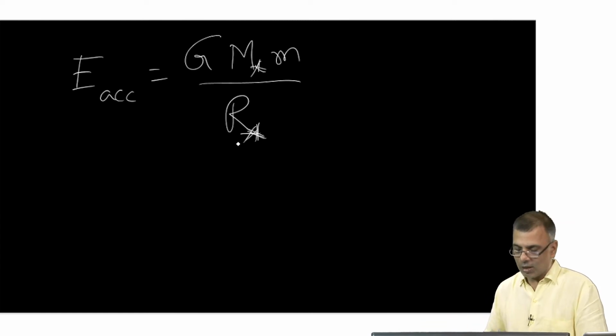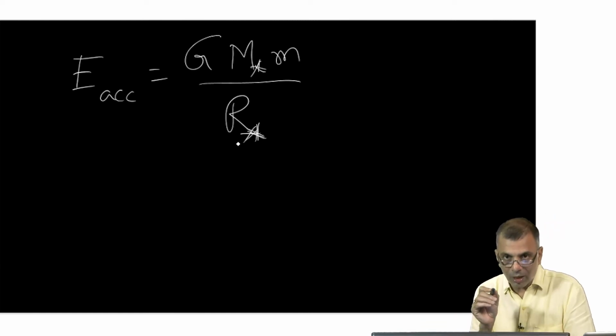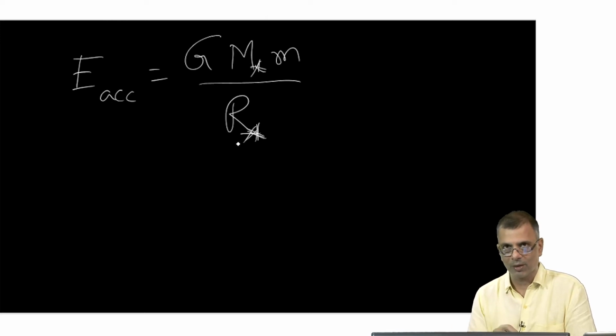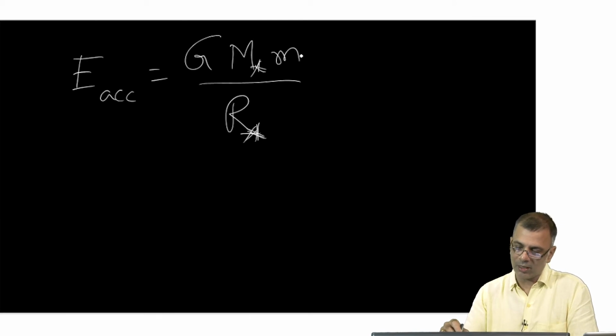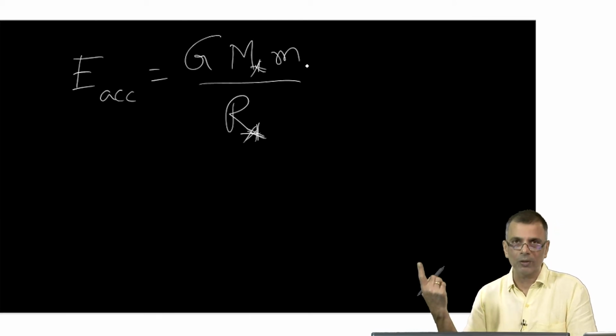That is it. Now we will try to show that for really compact objects, this can be really large, and can substantially exceed this 0.007 m c squared. In particular, let us just say m is equal to m_p, per proton.